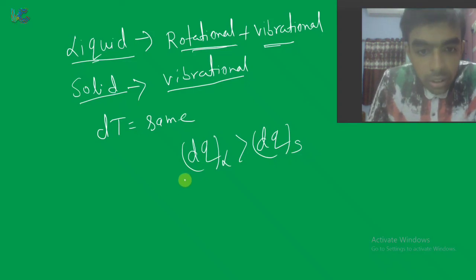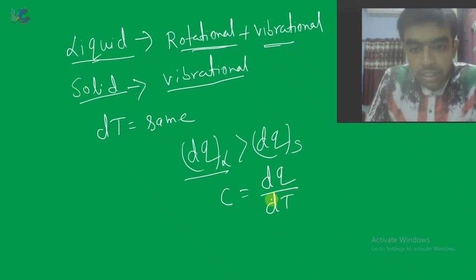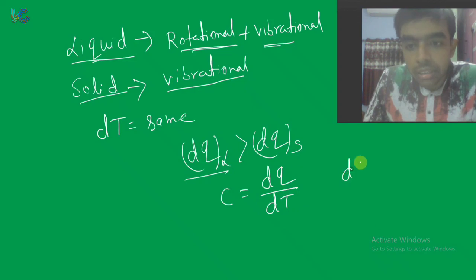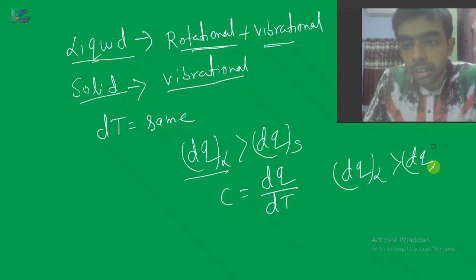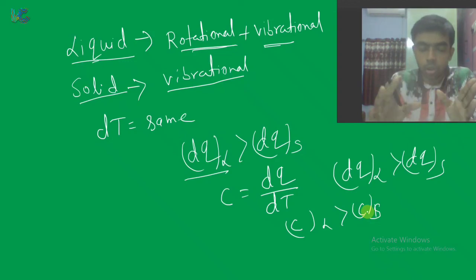Now the heat capacity is dq by dt. To generate the same temperature difference dt, as dq of liquid is greater than dq of solid, you can say the heat capacity of liquid is greater than the heat capacity of solid. This you can conclude from here.